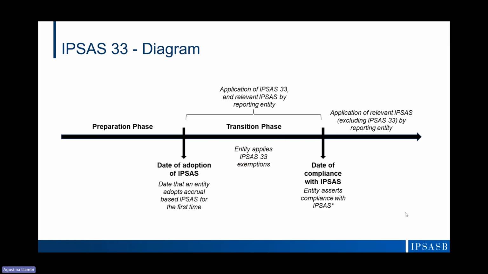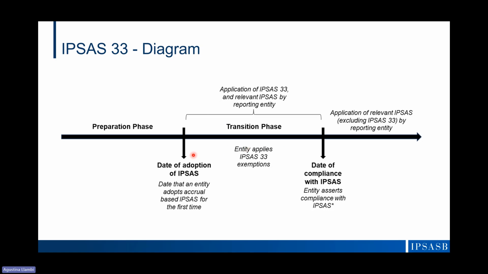Another thing that they noticed is that when entities read IPSAS 33, it resulted unintentionally in a delay of recognition, measurement, and disclosure of certain items, because the entity will say, oh, I have 3 years to recognize my property, plant, and equipment, and I'm only going to start applying IPSAS 45 at the end, right? And therefore, a lot of standards got delayed, and it was a challenge suddenly having to do the adoption of all of those IPSAS at the end of the 3-year period.